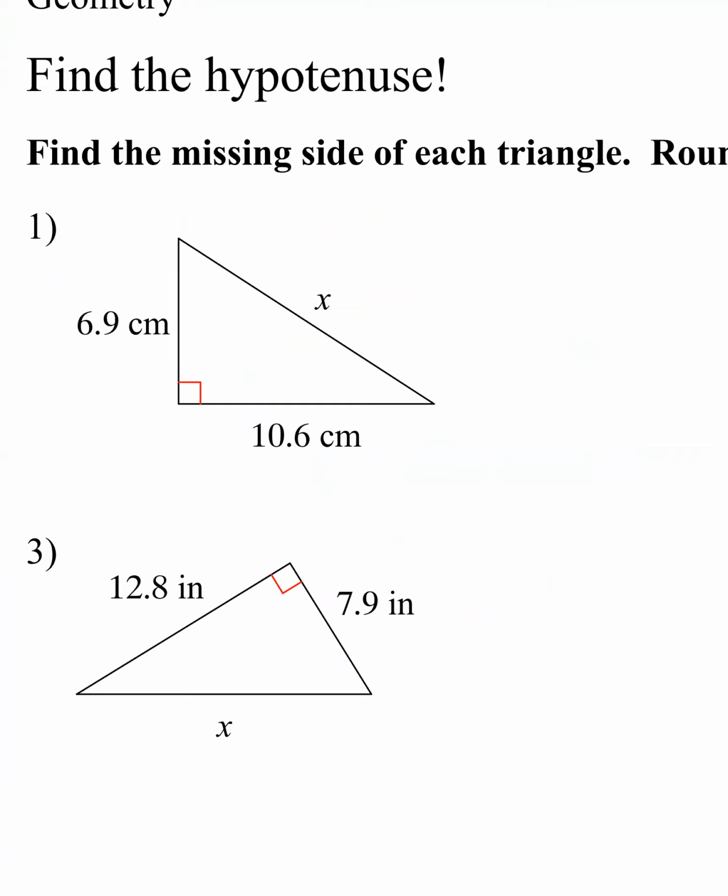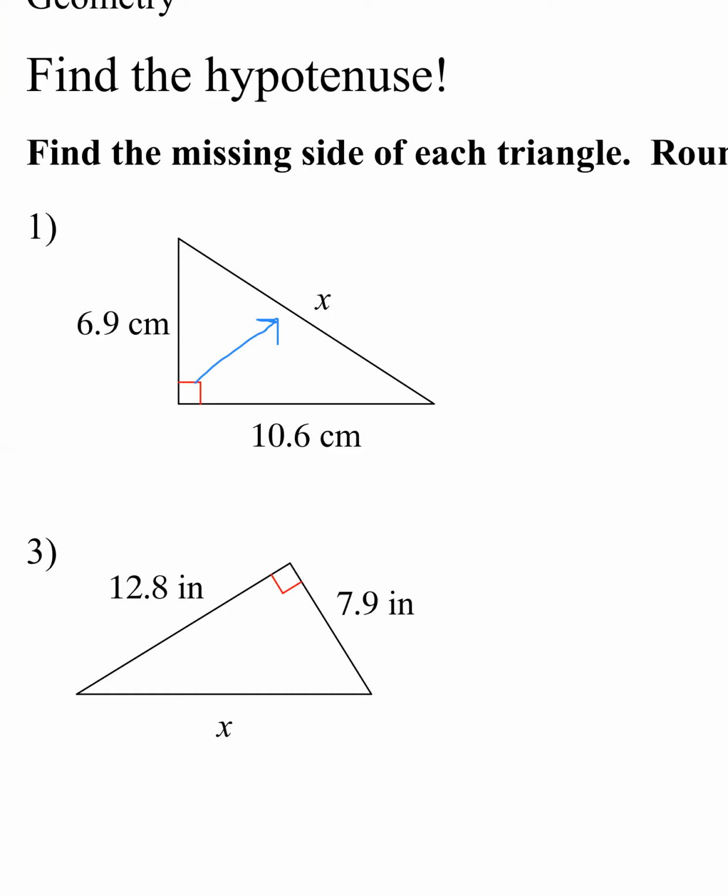I have a right triangle, right? All of these are going to be right triangles. You'll see that they all have a little square in the corner. If you want to, you can label the sides. As I mentioned today, the side across from the 90-degree angle is the hypotenuse.